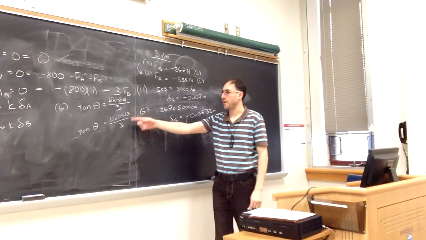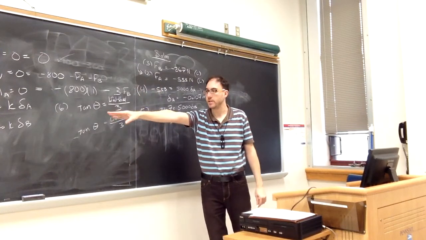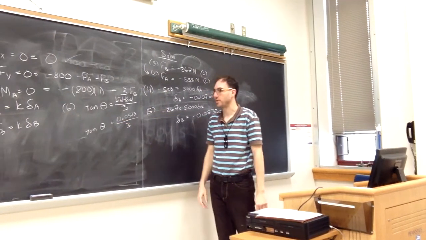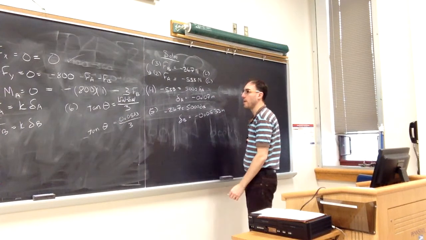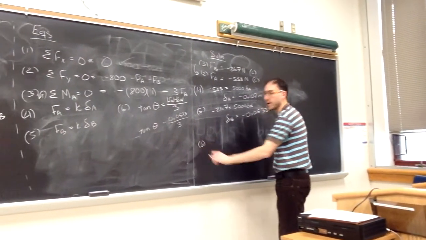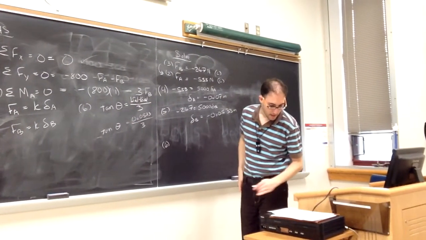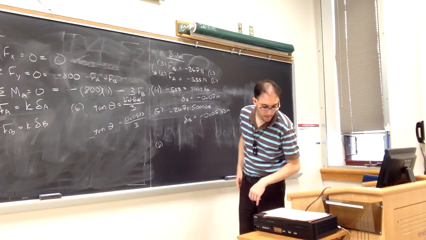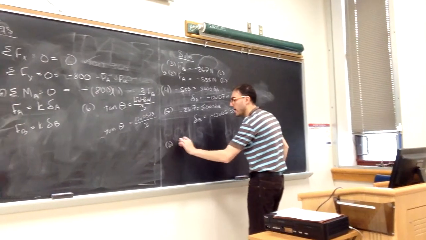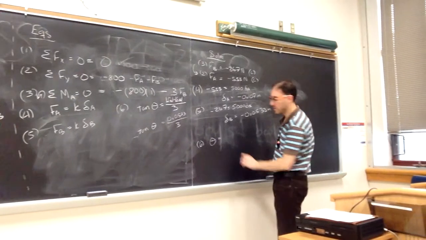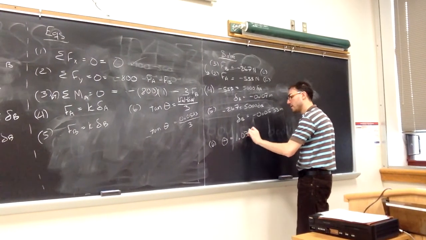So again, the opposite over the adjacent according to my geometry picture, this second picture down here. So I can solve my sixth equation by taking the arctangent of both sides. And I get, I put mine in degrees here, that theta is 1.03 degrees.